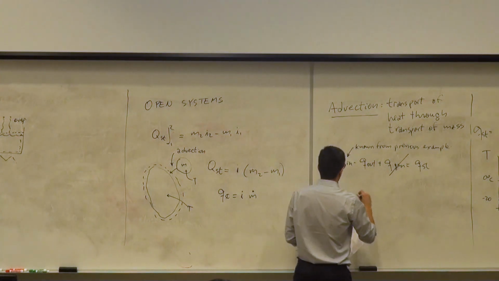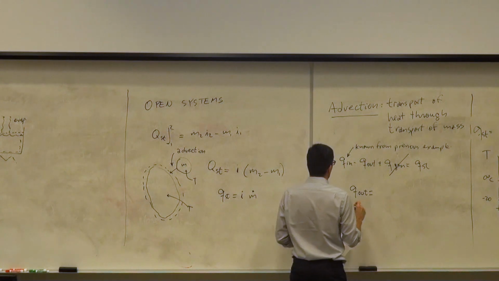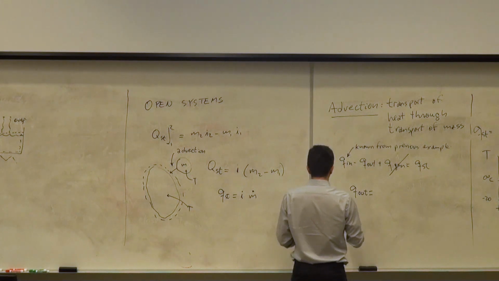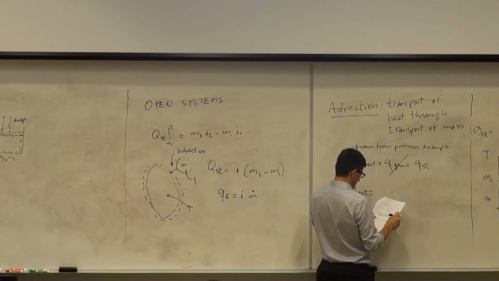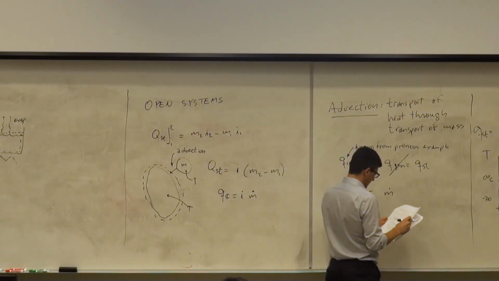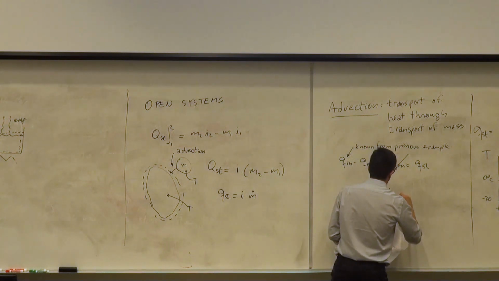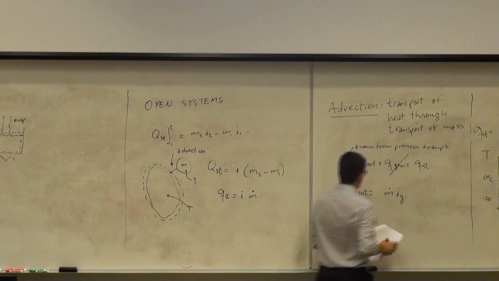Q out. Let's talk about the Q out. Q out then is going to be the mass that leaves, right, times the enthalpy of the gas, right?